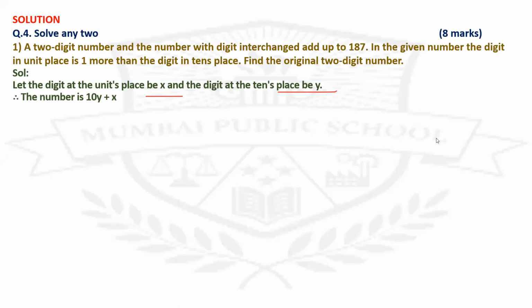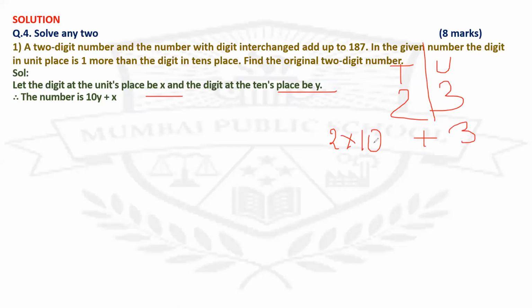Now check. If you consider, for example, the number 23, this 3 is in the units place, 2 is in the tens place. So 23 is 2 into 10 plus 3.